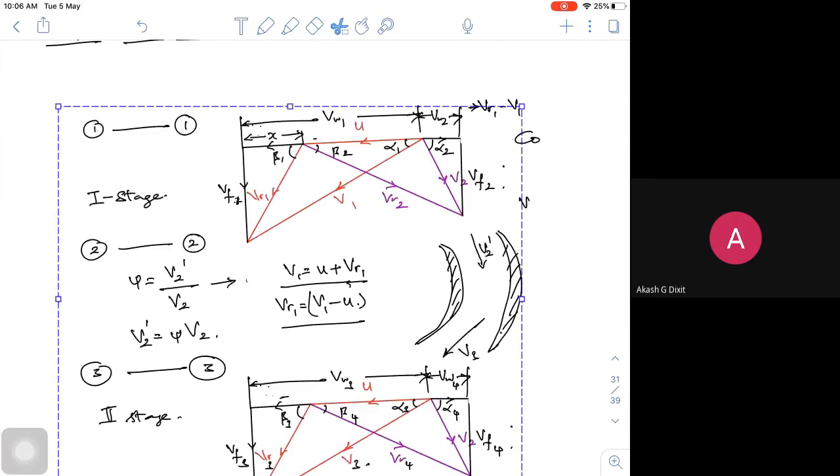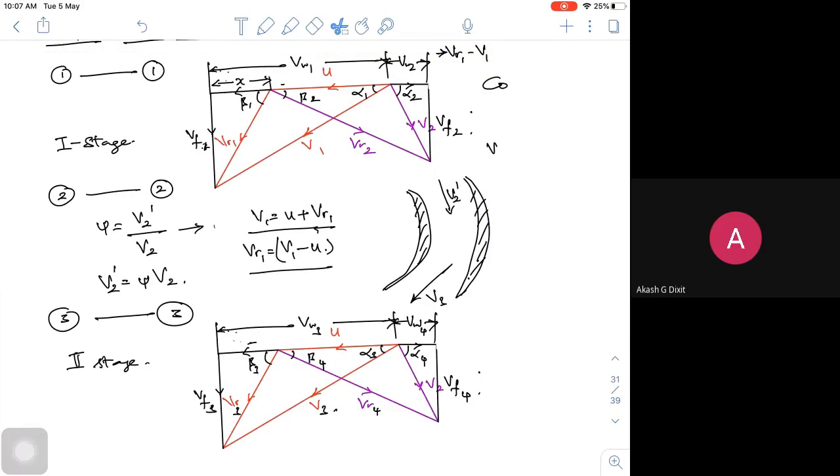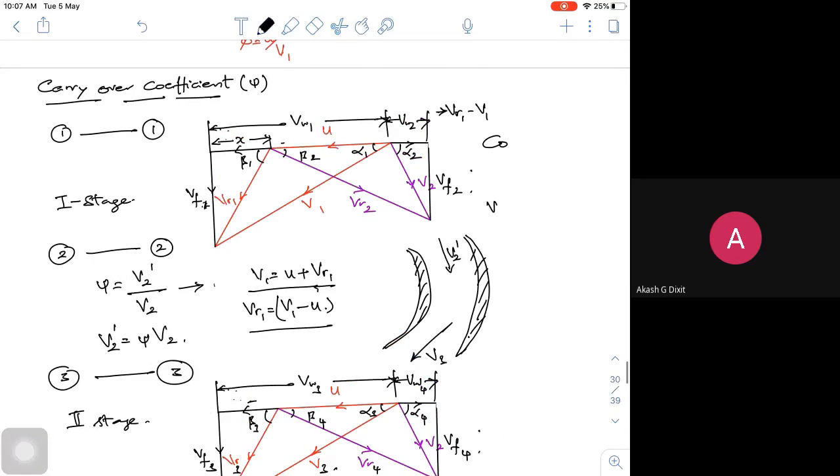This is what the velocity triangle looks like. So this is for the first stage. I have for the first stage the velocity triangle, and the fluid enters the next stage. So what is the velocity with which the fluid will exit? This is the velocity. V2 is the velocity with which the fluid will enter the next stage.